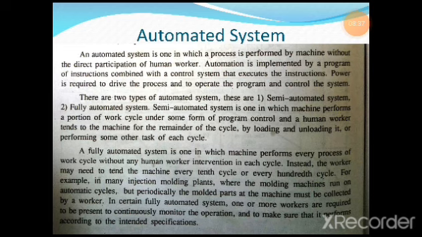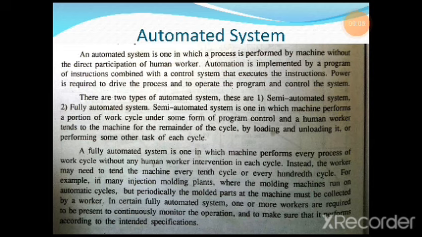So in a fully automated system, at each cycle there is no need for the operator to be there. Instead, the worker may need to tend the machine every 10th cycle or every 100th cycle. It means all the operations are running and he is just observing. That is the only idea here.